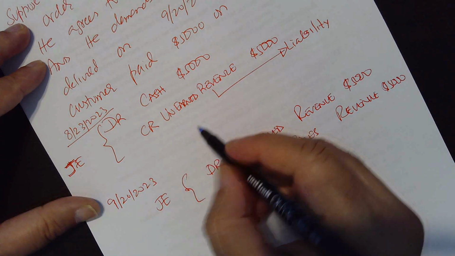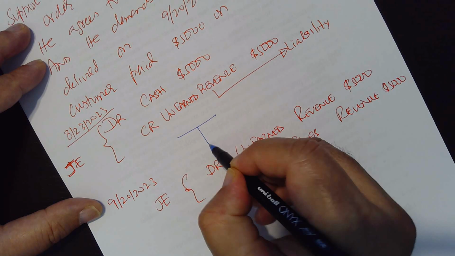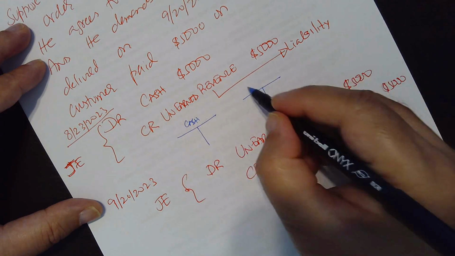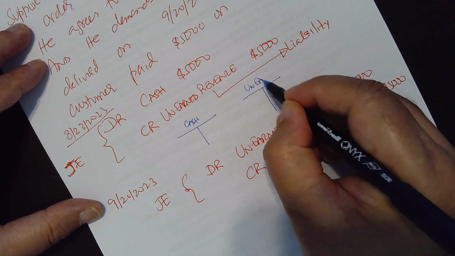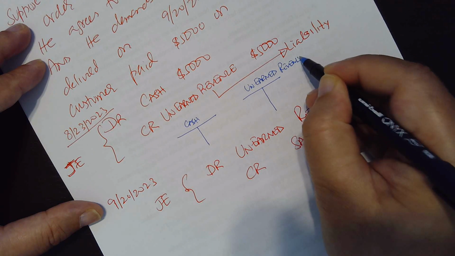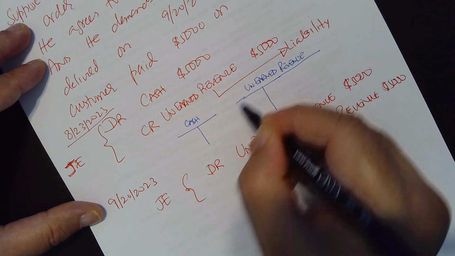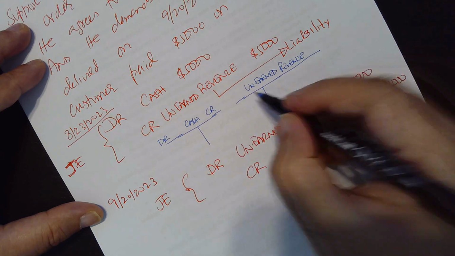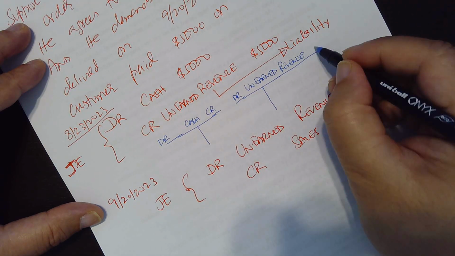So when we do this, there are two T accounts impacted. One is the cash, the other is unearned revenue. You know that debit is always on the left, credit is always on the right.